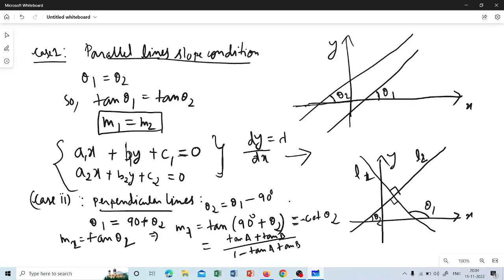So now we know that the slopes are m1 is minus cot theta 2 and m2 is tan theta 2.